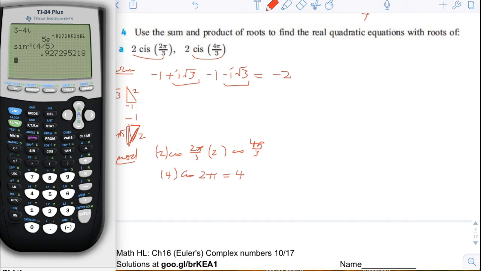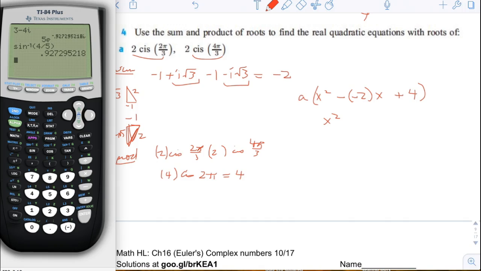And if we wanted to put this in a quadratic, then we would say it's equivalent to x squared minus, and the negative of the sum of the roots becomes the b coefficient, and the c coefficient is the product of the roots.